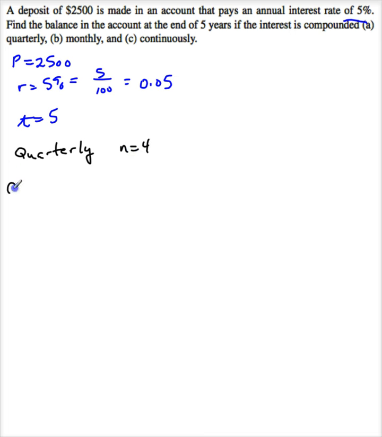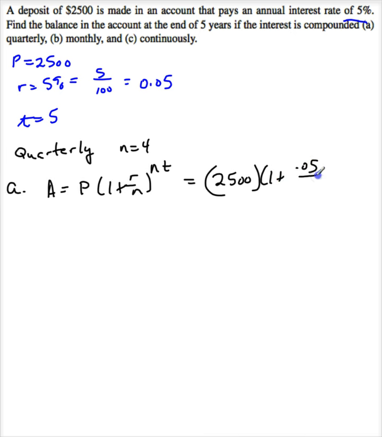So for A, the amount is equal to P times (1 + R/N) to the NT, which is 2,500 times (1 + 0.05 divided by N, and N is 4), raised to the 4 times 5. And so I get about $3,205.09.